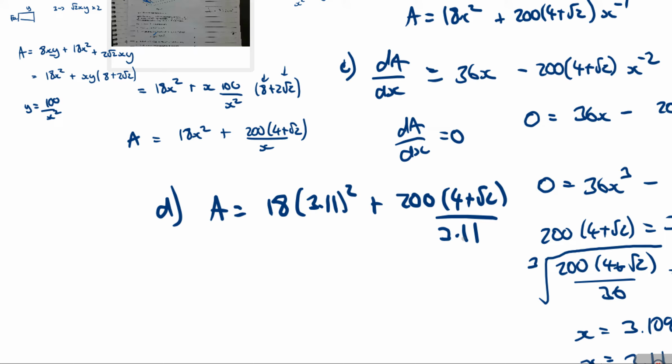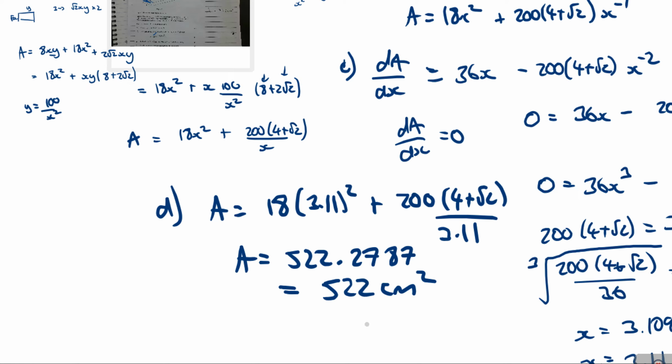Then plug that into the calculator. Here you might want to use the answer function, which uses the whole answer from before. That will give a more precise answer, but you should be fine using the 3.11 value that you've just found. So here your area is equal to 522.2787, which to 3 significant figures is just 522 cm².